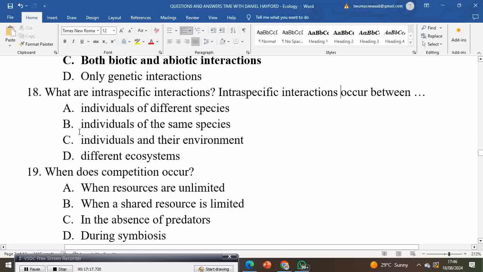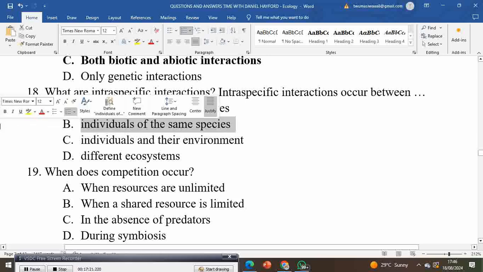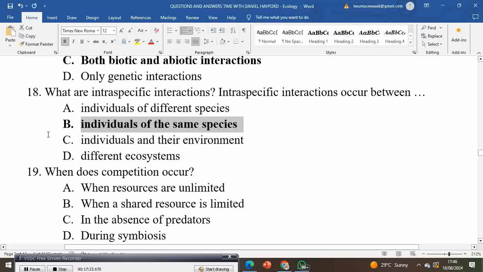Your best answer should be B, individuals of the same species. It's not going to be interspecific, in which case the option would have been A. But here we're looking at intraspecific interactions, which occur between individuals of the same species.